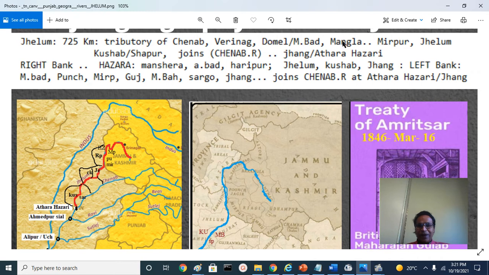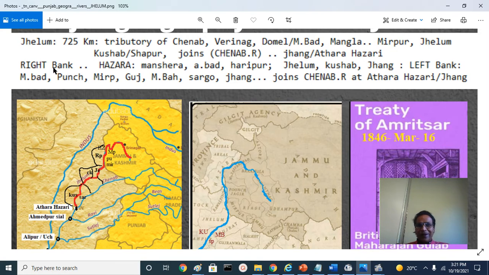It is dammed at a place called Mangla near Mirpur, Mangla Dam, Mangla Reservoir, Mangla Headworks. Continues after Mirpur and skirts the JHELUM district. It separates Sargodha part and Kusha part of historic Shahpur district and joins Chenab River at Jang or Ataran Hazari.